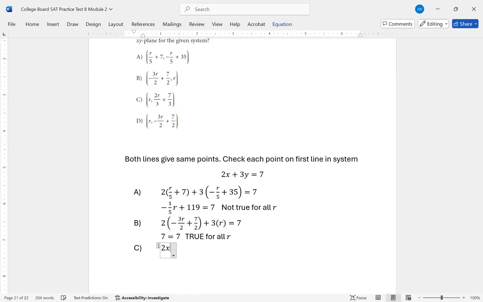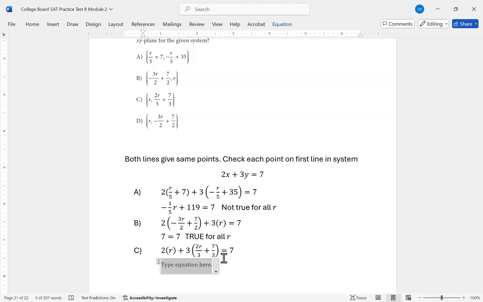We have 2x plus 3y is equal to 7. Replace the x with just the letter r. Replace the y with 2r over 3 plus 7/3. And then simplify.